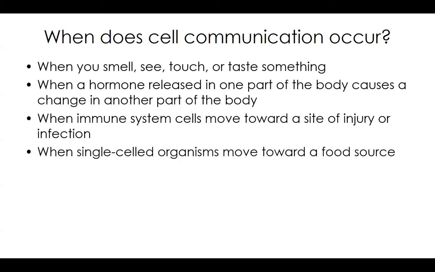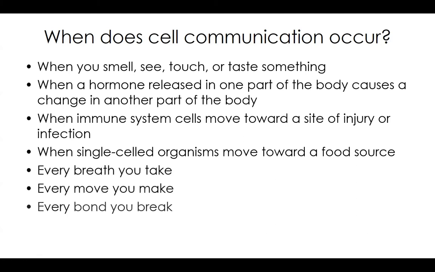Even single-celled organisms need to move towards a food source. In previous chapters, when we talked about the cytoskeleton, we looked at amoeboid movement and how they form pseudopodia. So they have to use some signaling to know when there's a food source outside. So when you're thinking about when cell communication occurs, you can think of just about anything that goes on, anything that you respond to.